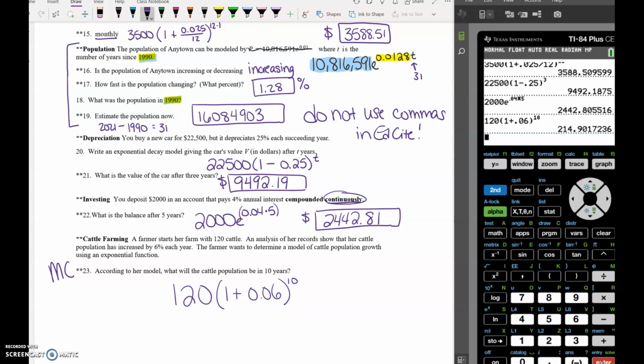And because this one's multiple choice, you'll be able to look at your decimal and decide which answer is correct. I would round this one up to approximately 215 cattle. But again, there'll be a field where you type the number in, the label is already taken care of for you. So great news about this test, you won't lose points because of the label. The labels are already there for you.